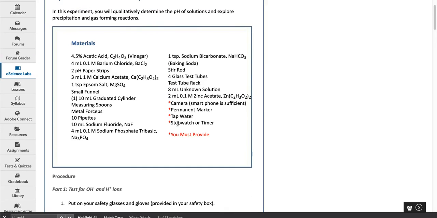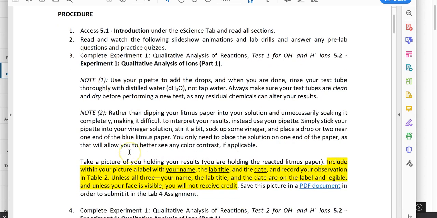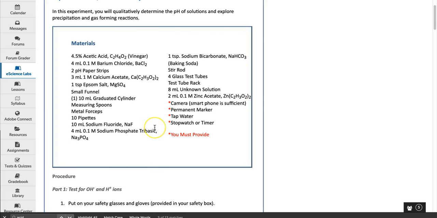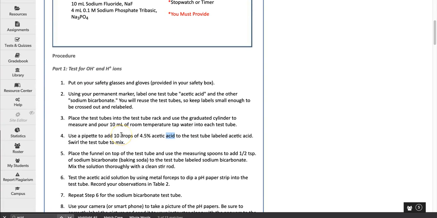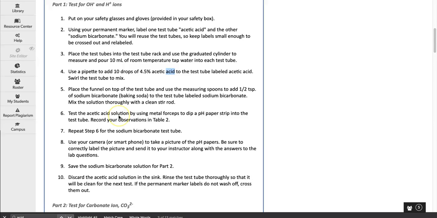And again, I would just go back and forth between the experiment instructions, the APUS ones that are right here. There's some tips and things like that. And then over here, what you're doing. Okay, so the overall idea is you're going to be testing known solutions for hydroxide and what we call protons, or hydrogen ions.